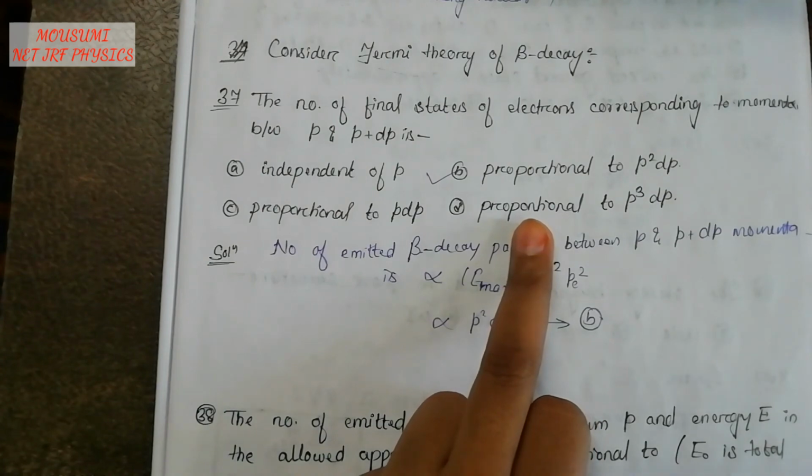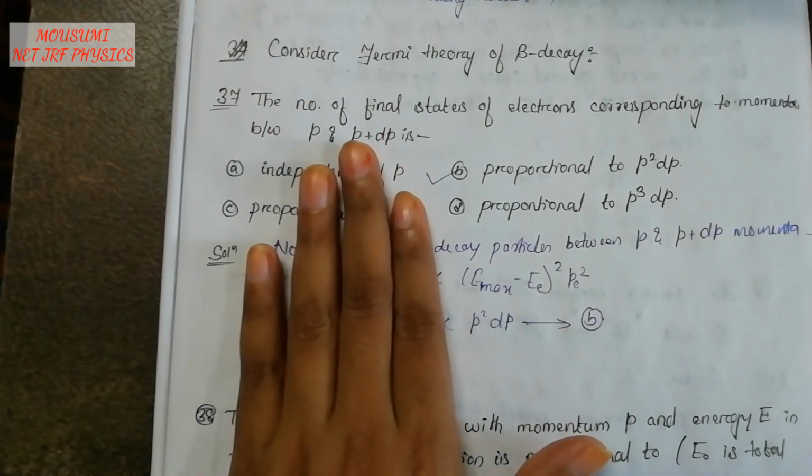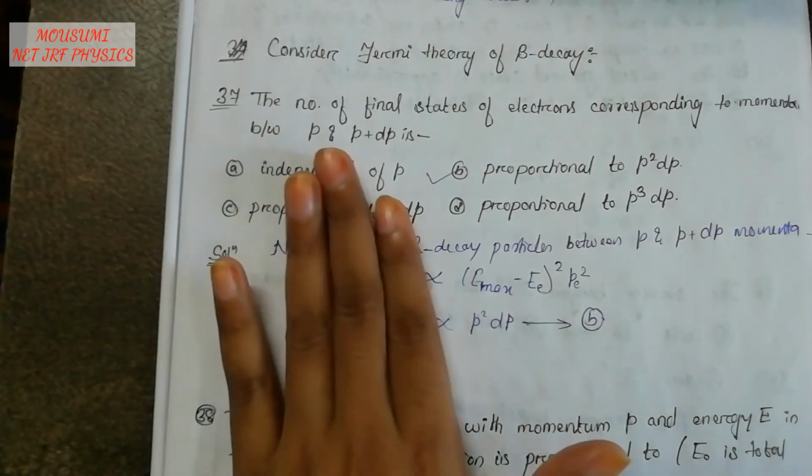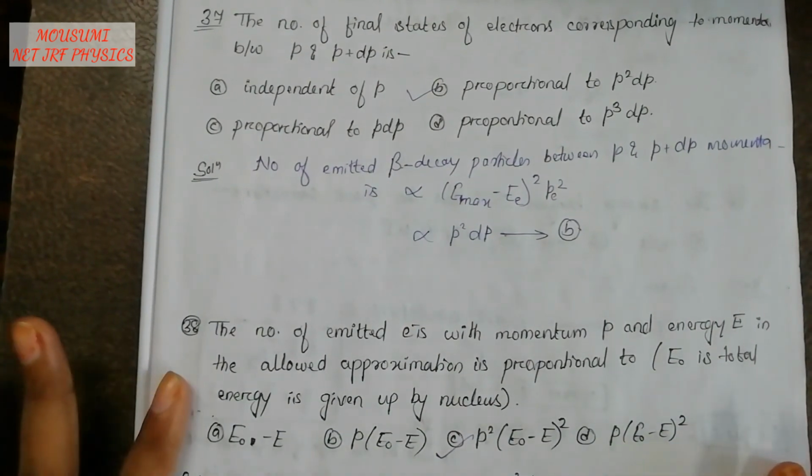We will read the question once again for better understanding. We have to see the number of final states of electrons corresponding to these momenta, and what it is proportional to. That is what we are asked. We have to see the proportionality.